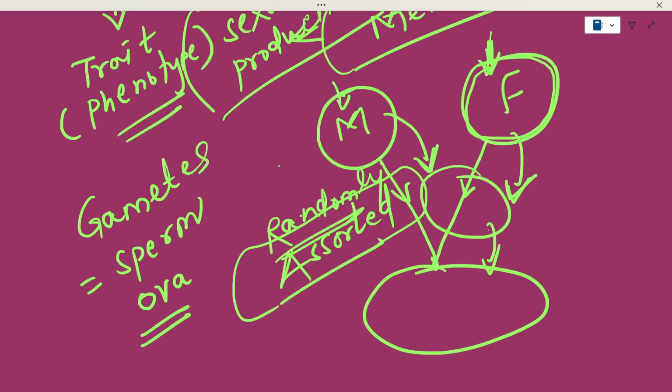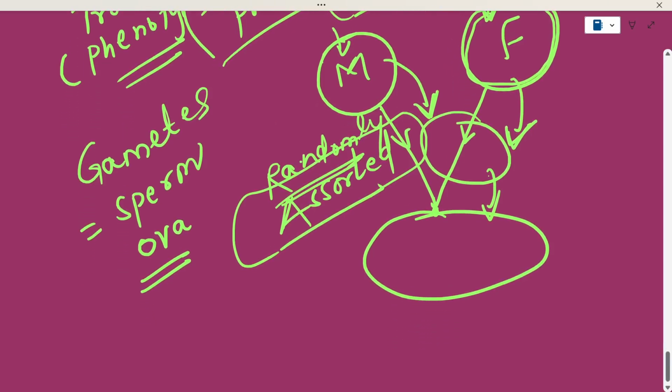So this is the way nature works. This is the way the whole DNA replication works. So this is a system of DNA replication by the process of meiosis.